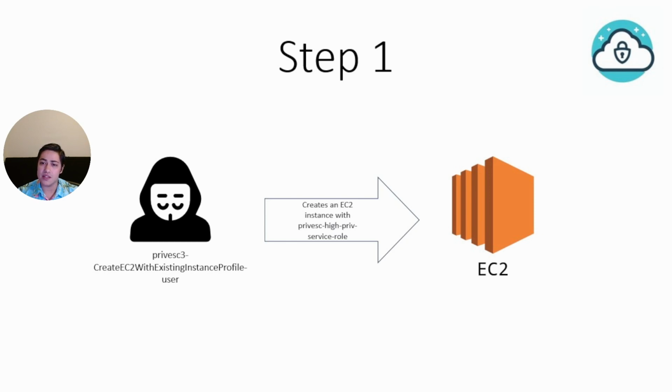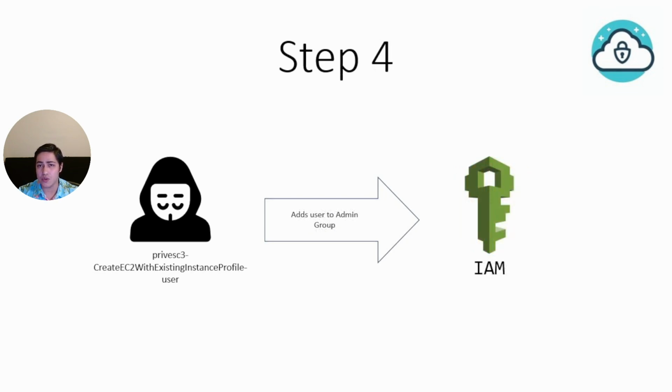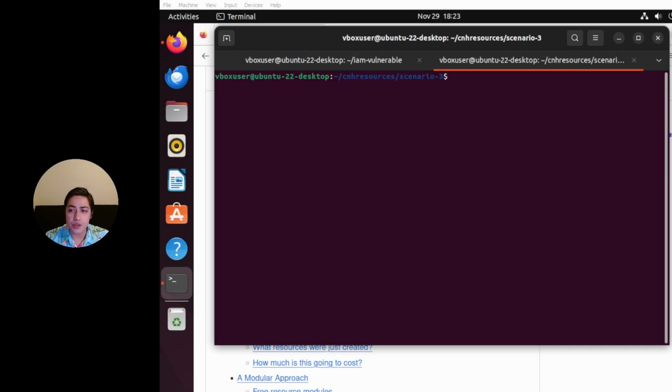The issue here is that we're going to pass that high privileged service role to that EC2 instance. Once we do that, we are going to SSH into the EC2 instance, and then we're going to obtain the temporary credentials from that EC2 instance, and we're going to use those credentials to add our user to the admin group. Okay, so let's switch over to our attacker, and the first thing we're going to do is create an SSH key pair.